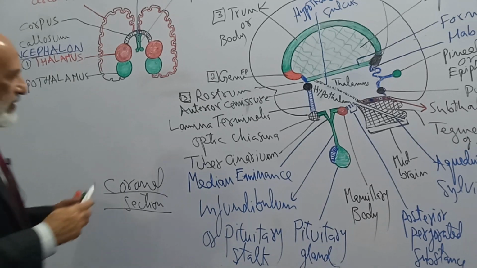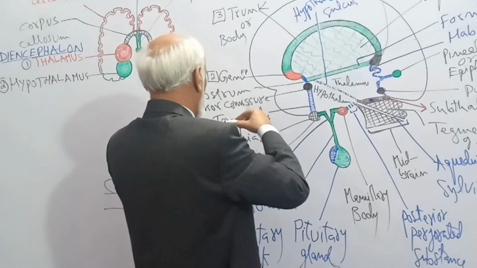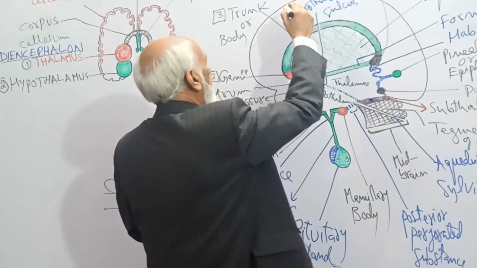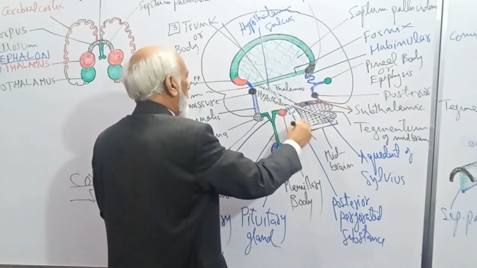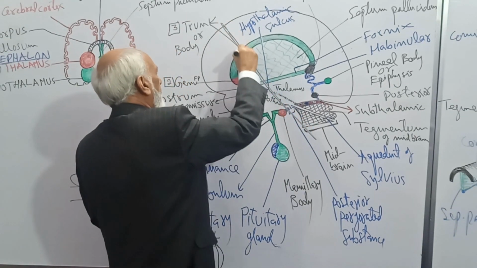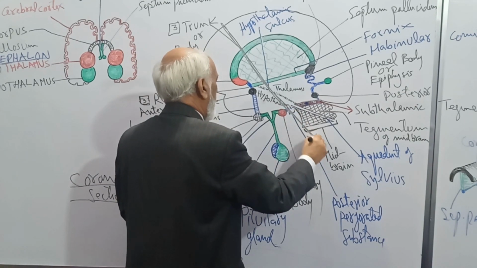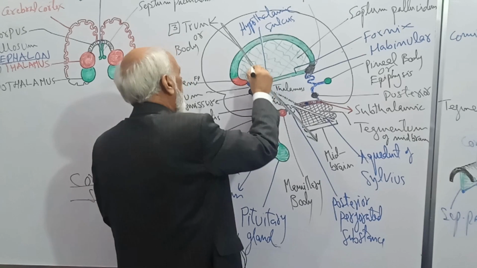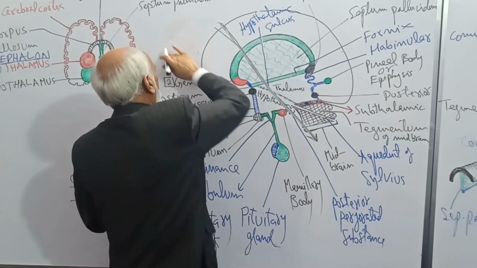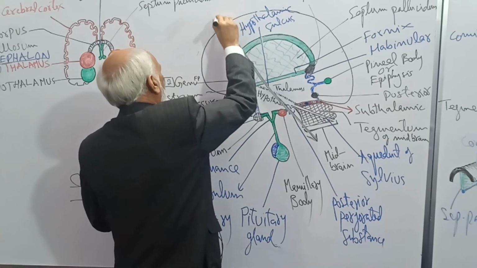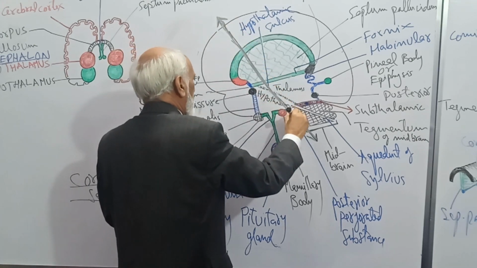Now I want to explain. This is a coronal section. So suppose this is a coronal section. This is a section through the brain.